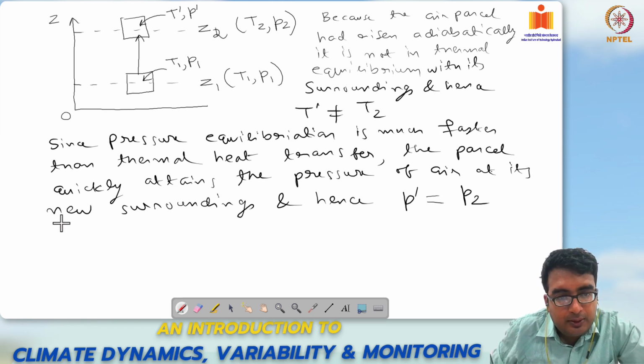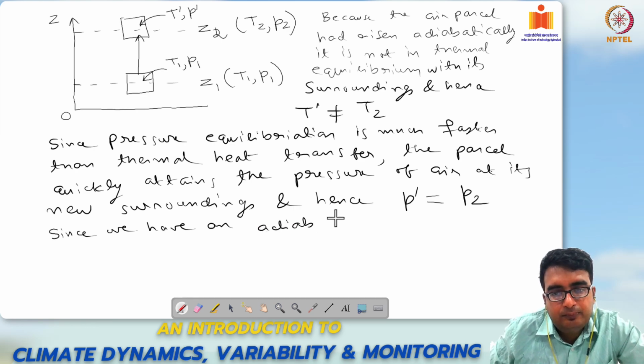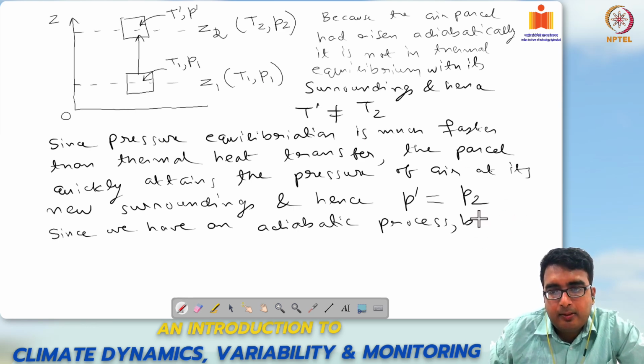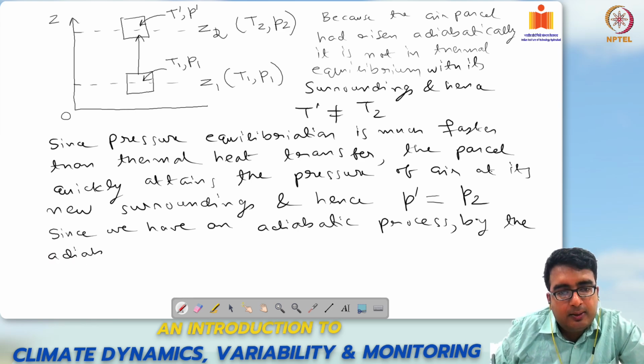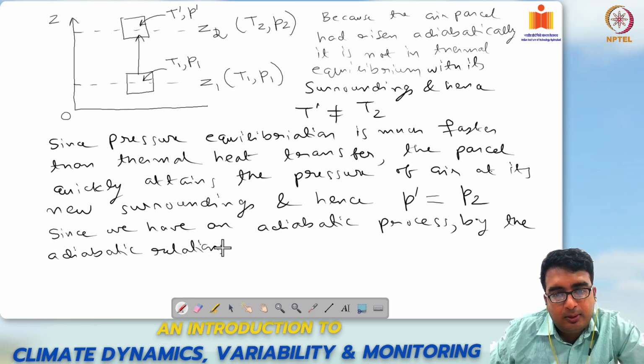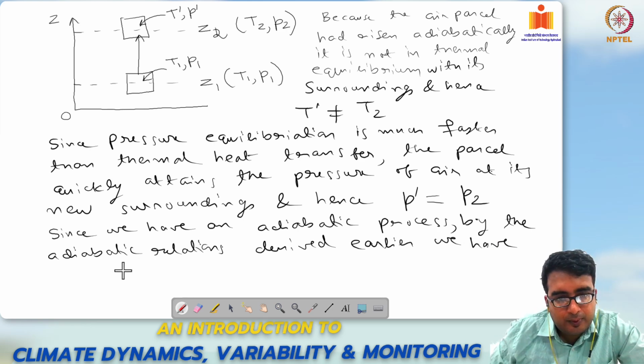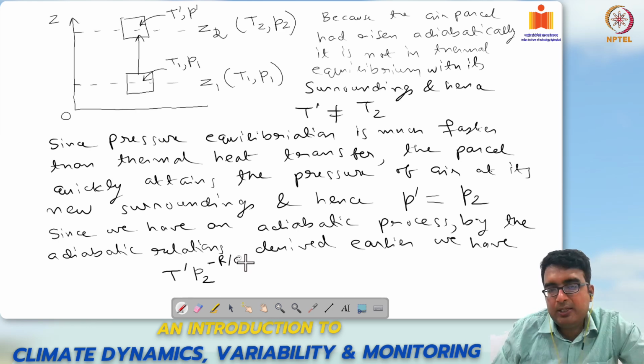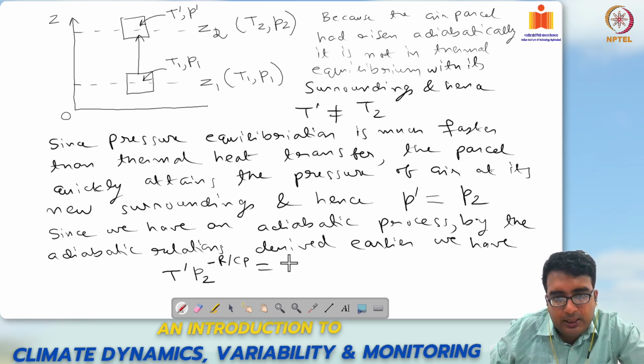So now, since we have an adiabatic process, by the adiabatic relations derived earlier, we have T prime P2 to the power minus R by Cp equals T1 P1 to the power minus R by Cp.